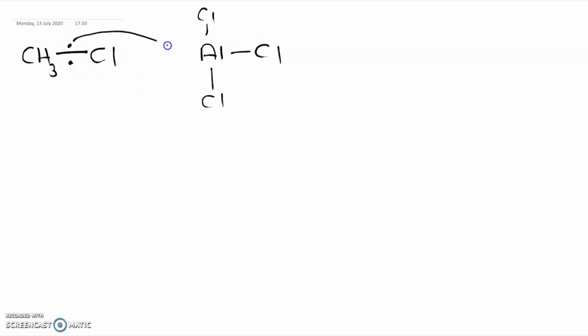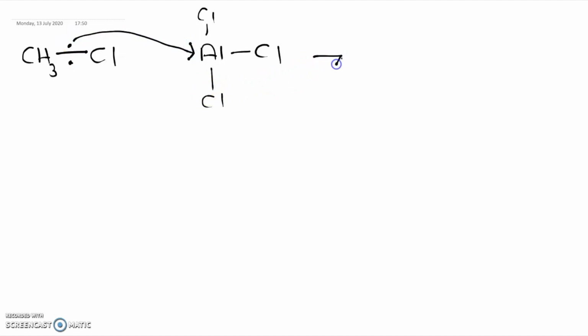So now let's look at the mechanism for the reaction of chloromethane and benzene. So first of all, I'm going to draw chloromethane, and I'm going to draw the catalyst AlCl3. Now the first step in any electrophilic substitution reaction is the preparation of the electrophile.